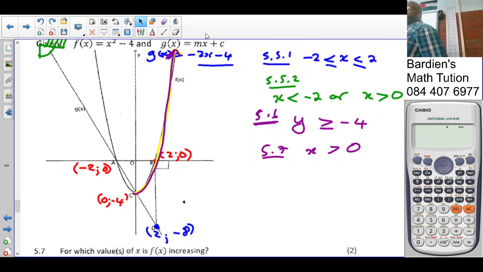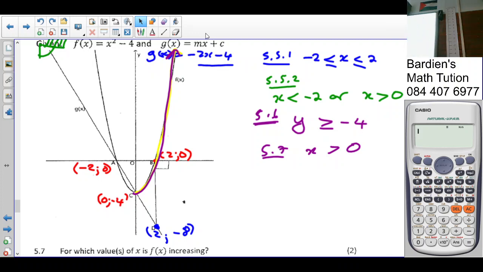Why? Because at 0, what happens? It's neither increasing nor decreasing. The gradient at that point is 0. So since the gradient is 0, and the graph is neither increasing nor decreasing at 0, I don't put the equal sign. You guys understand?